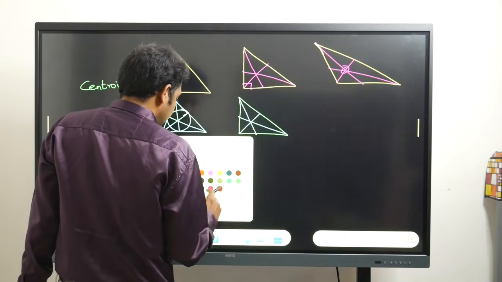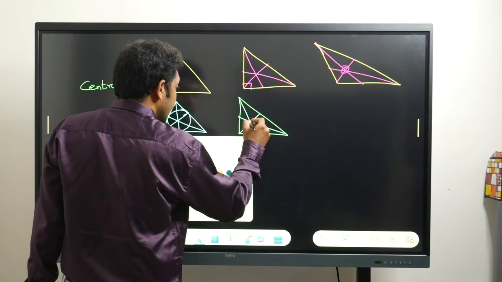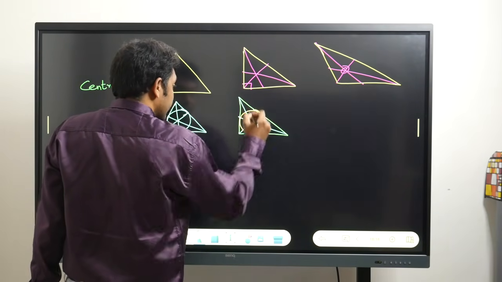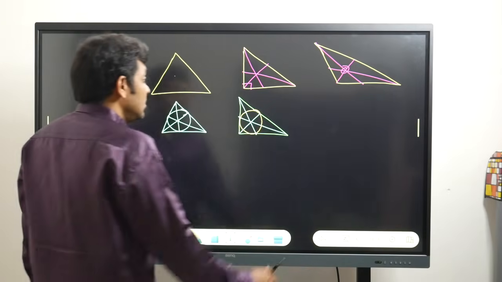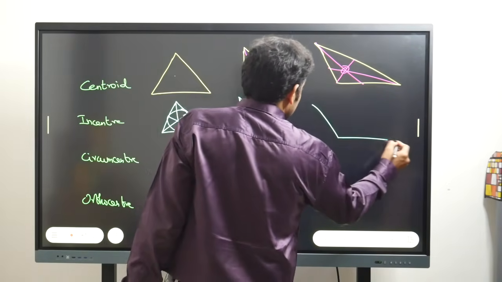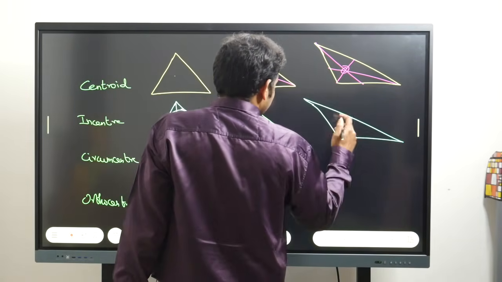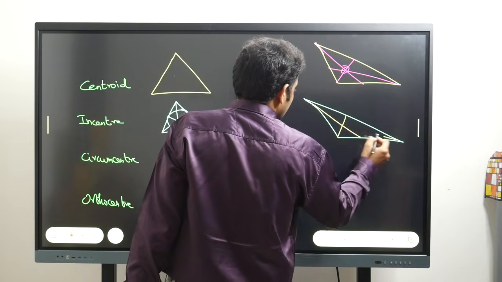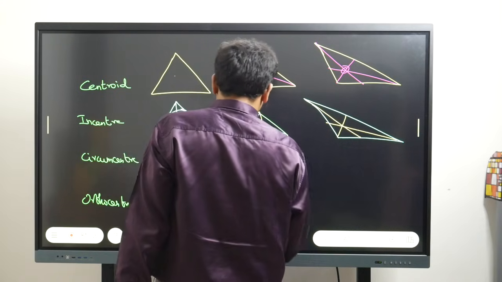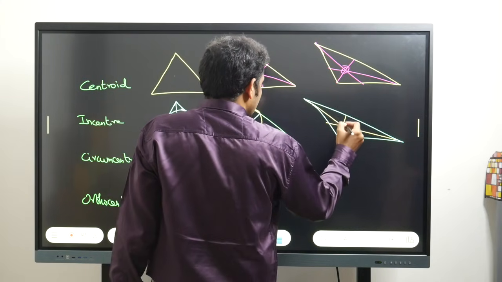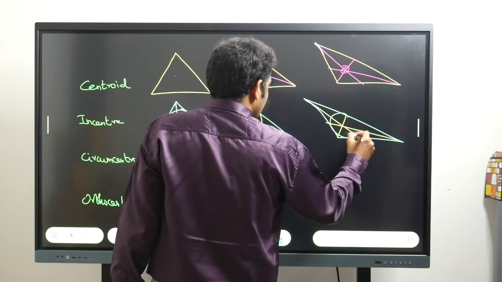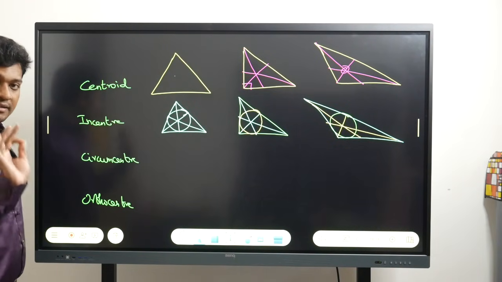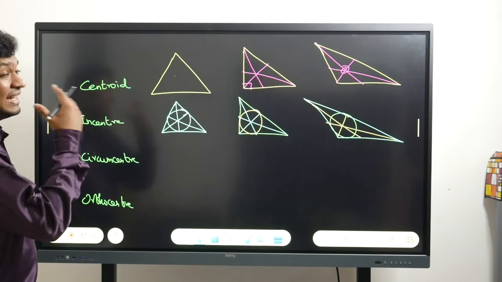With this, if I draw a circle, it has to be inside. Same thing goes for an obtuse angle triangle. The angle bisectors have to be inside. With this center, you can draw a circle. So my centroid and incentre will be inside for any triangle.